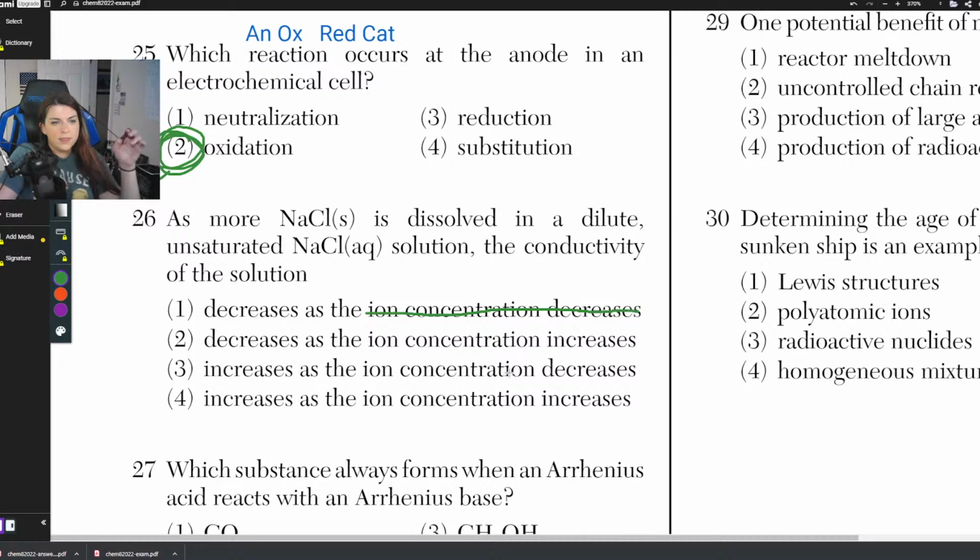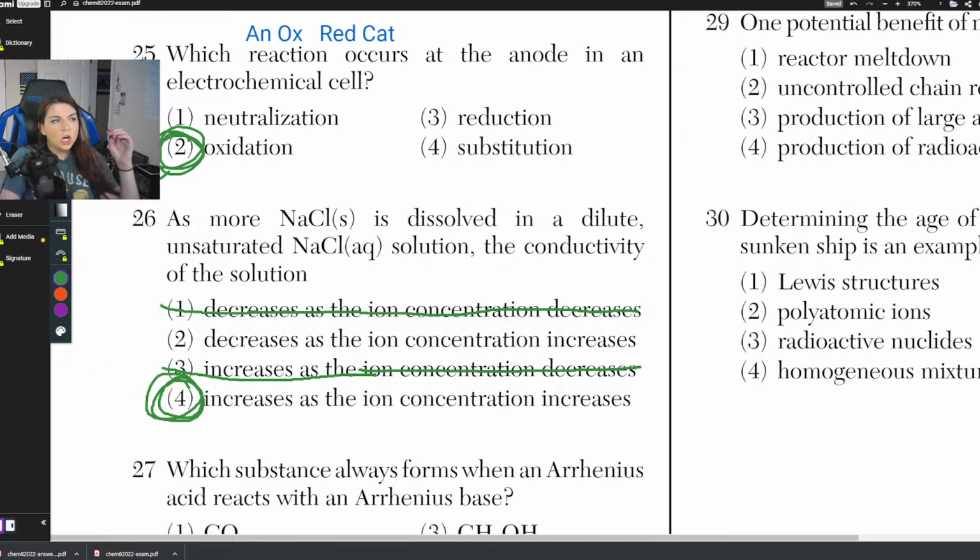The concentration is literally rising. So the question is, does the conductivity go up or does it go down? The conductivity will increase. The more ions you have dissolved in the solution, the better the solution will be able to conduct electricity.